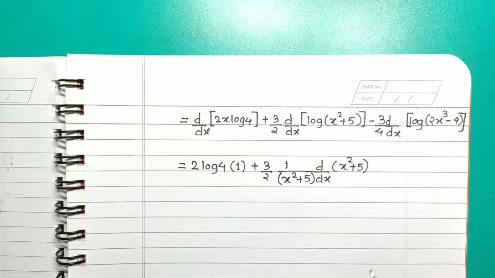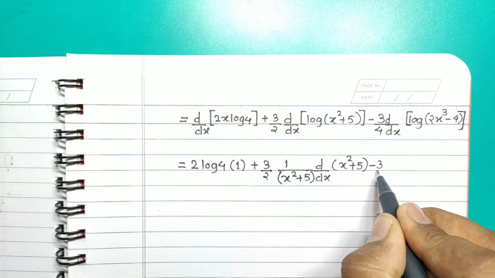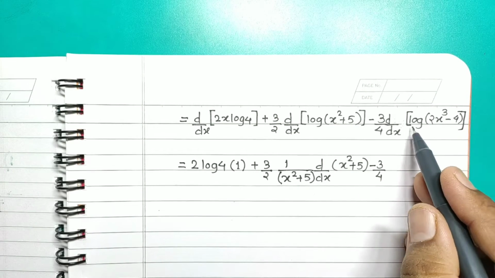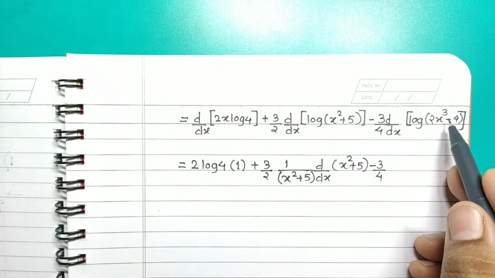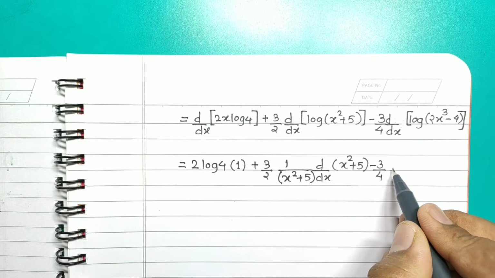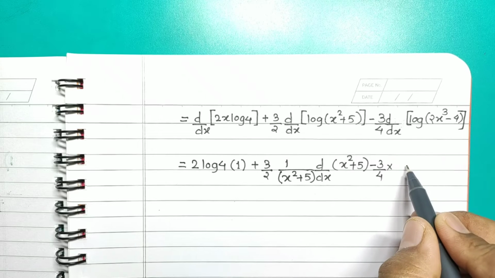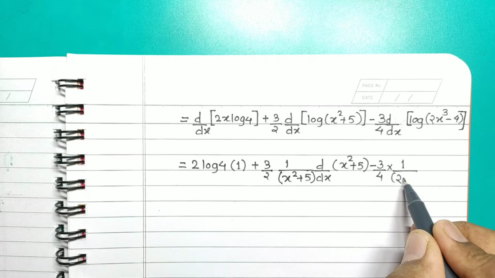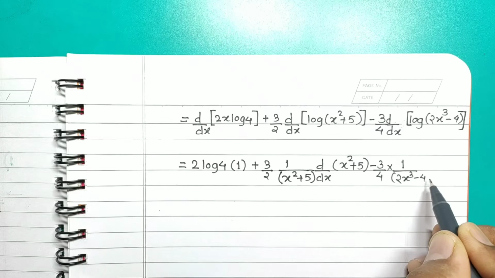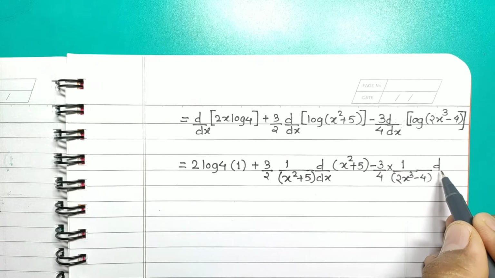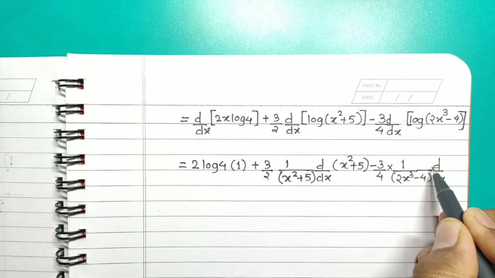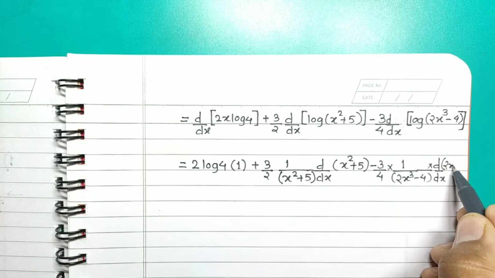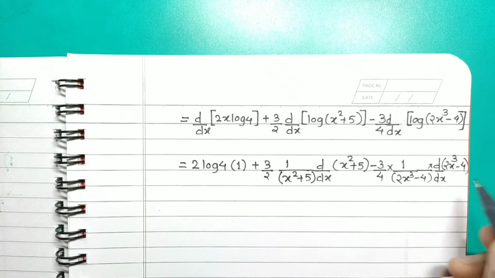Now for the next term, minus 3 by 4 is constant. Again it is a composition, log of something, so here we have to use chain rule again. So it is 1 upon something, which is 2x cube minus 4, and we have to multiply the derivative of this something function, 2x cube minus 4.